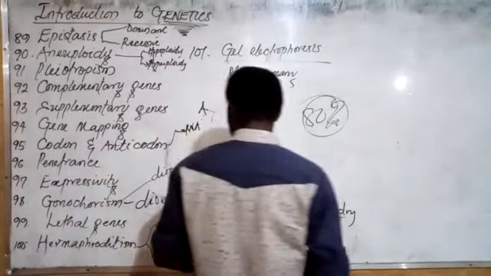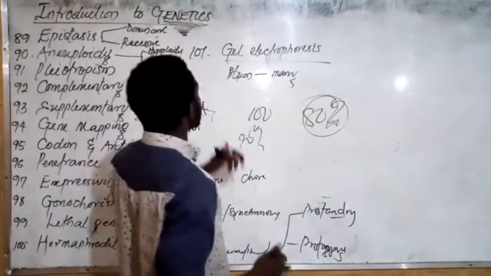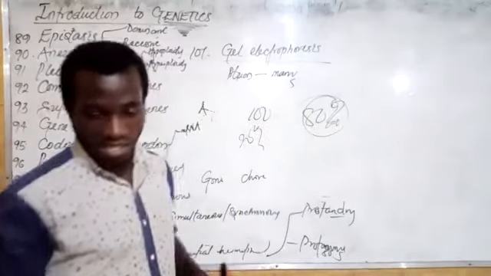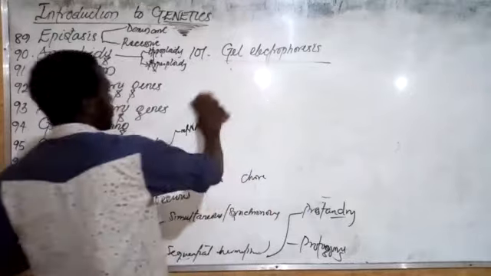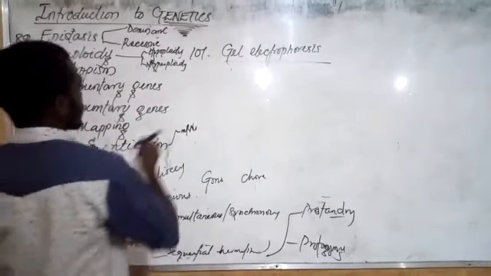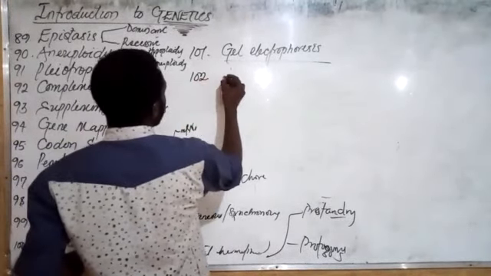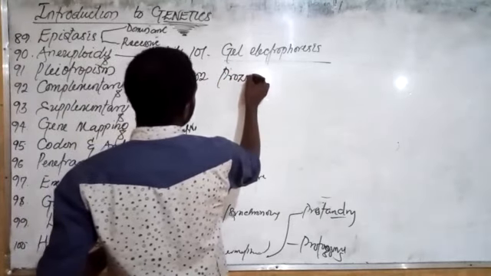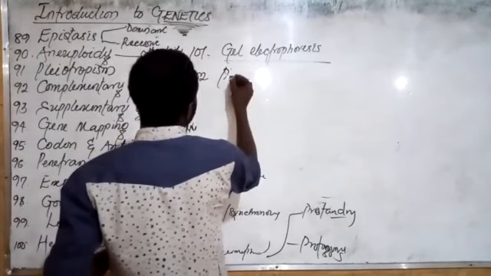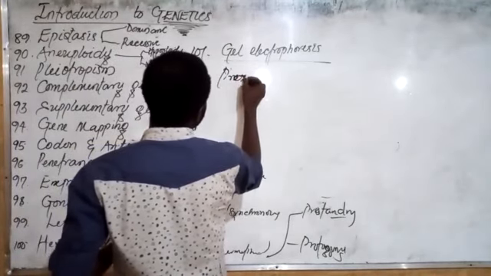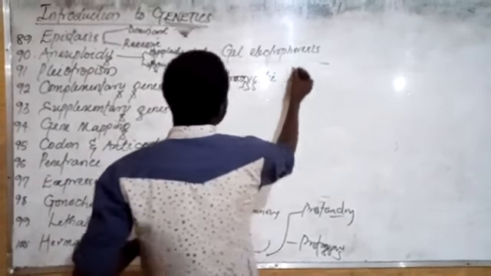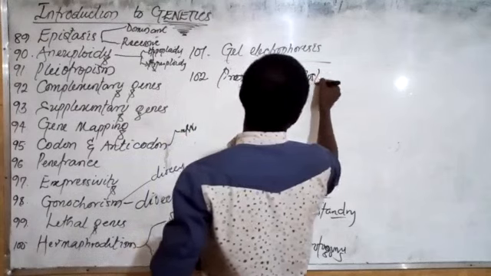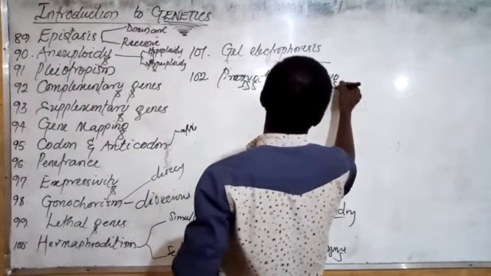Alright. Then there is also, now I added this gel. In fact, there are 2 more terms that are on my mind that I will have to add. So, for example, I'm going to add the prezygotic and post-zygotic.